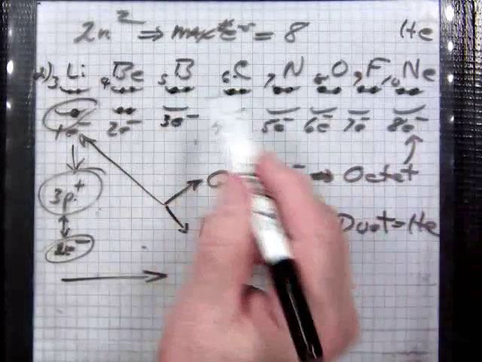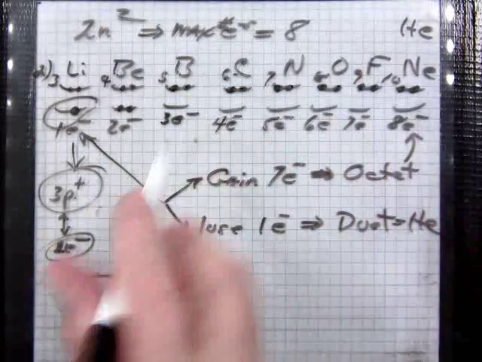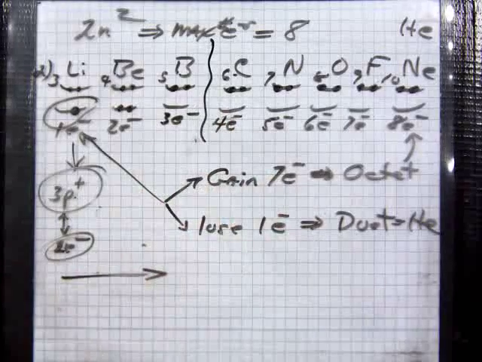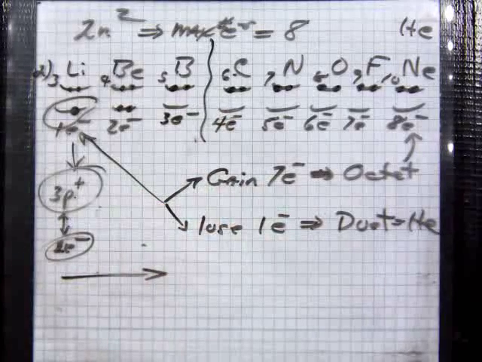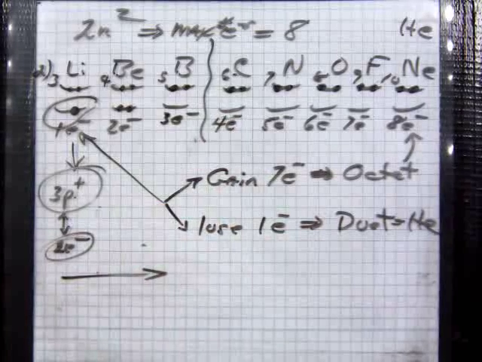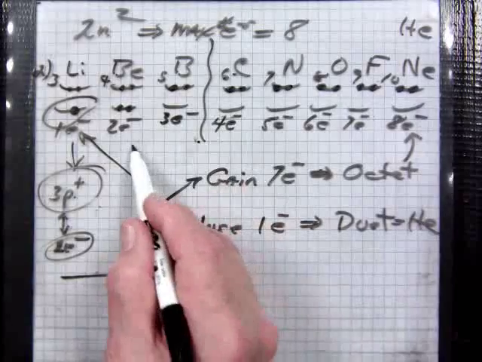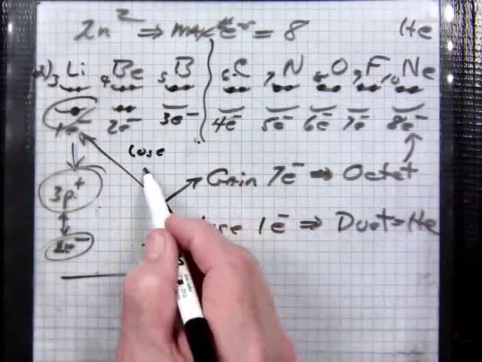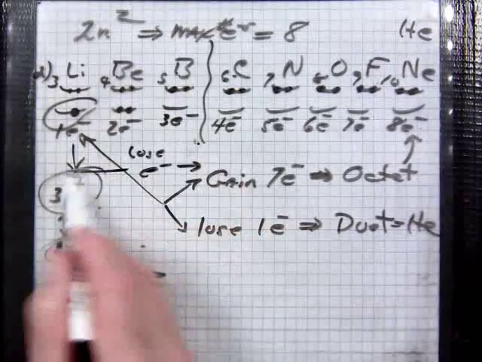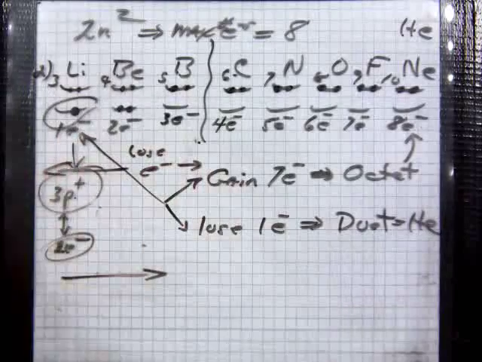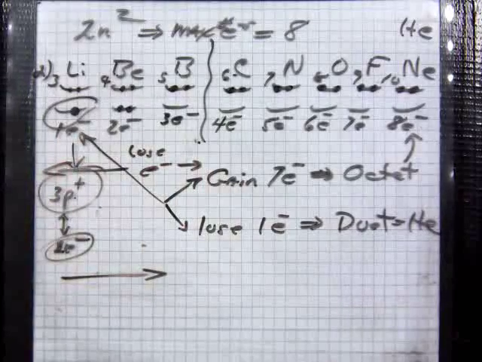So, to make a long story short, once you get to boron, or 3 outer shell electrons, up to that point, the tendency is to lose electrons, from the beginning of that row to that particular point.